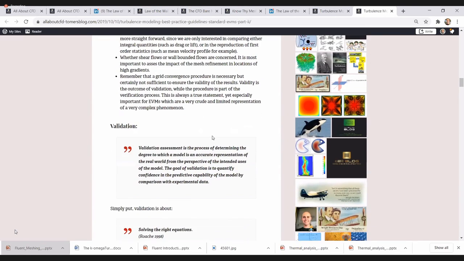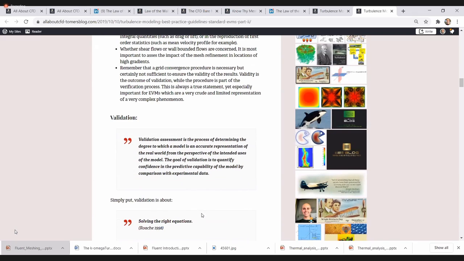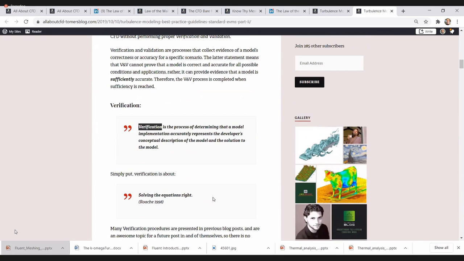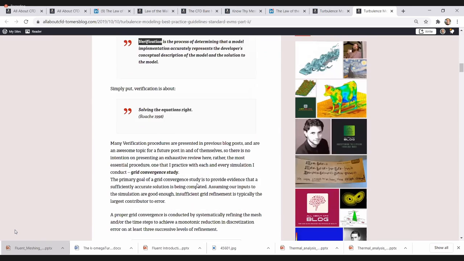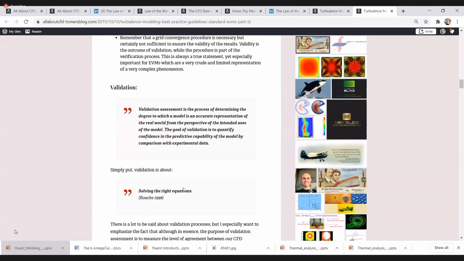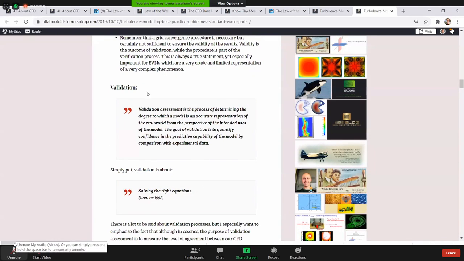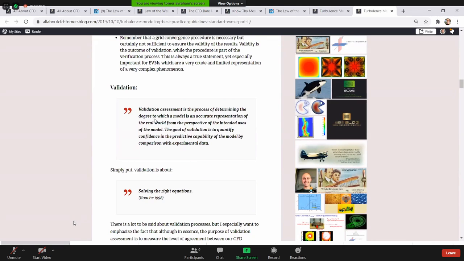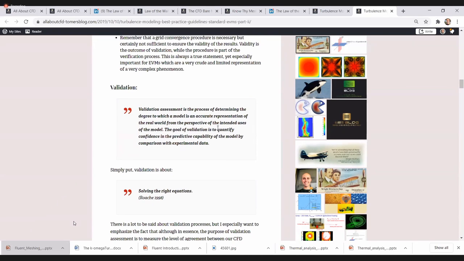Here comes the validation. Validation is solving the right equations, while solving the equations right is what you can get by grid convergence.